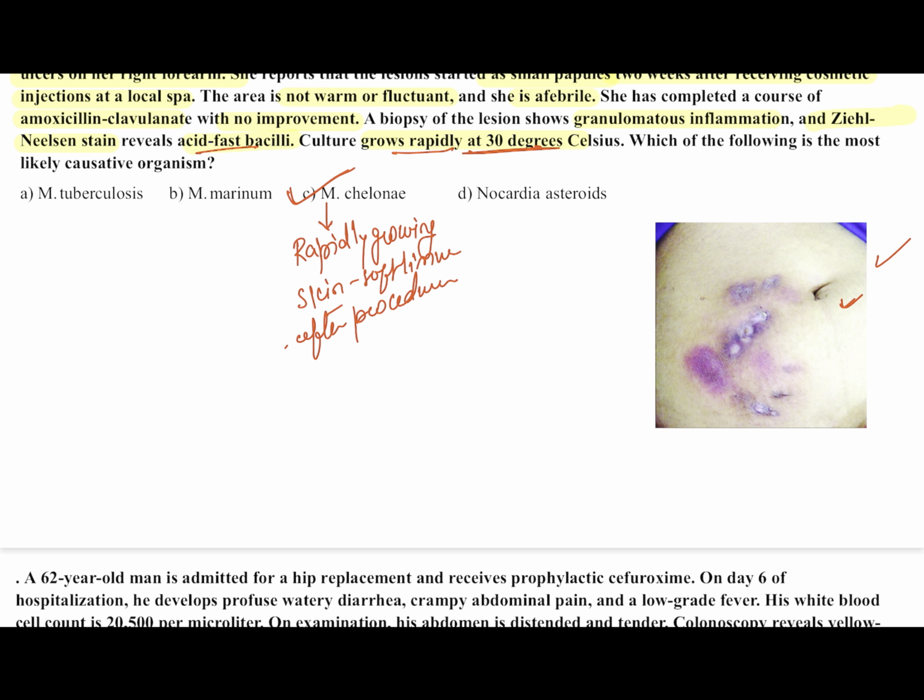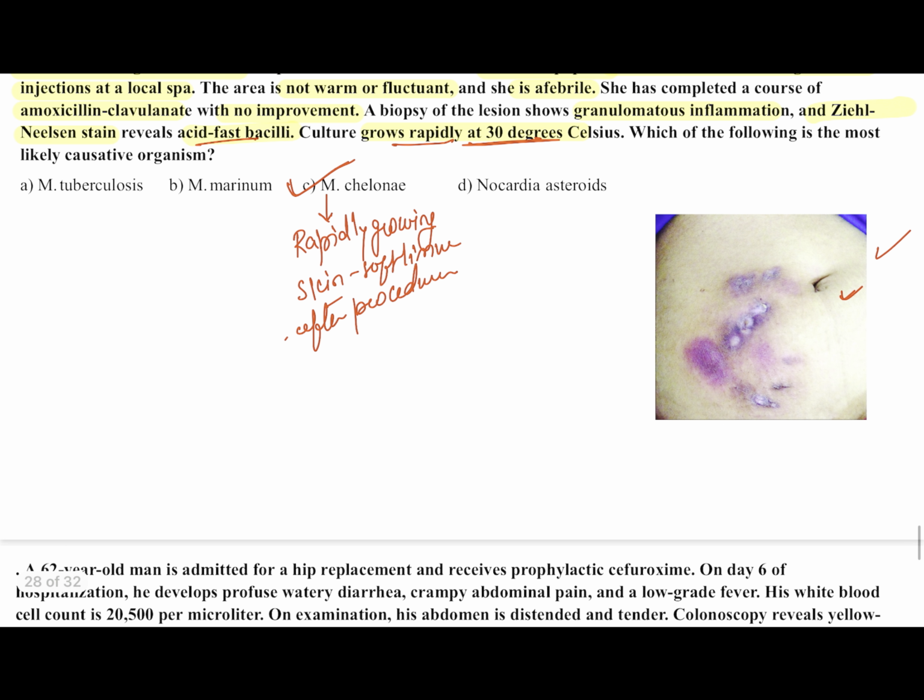And also if you grow them in culture, they will grow at 37 degrees Celsius and are very slow growers. So these are not rapid growers. Mycobacterium tuberculosis is a slow grower in culture, that's why it is excluded.